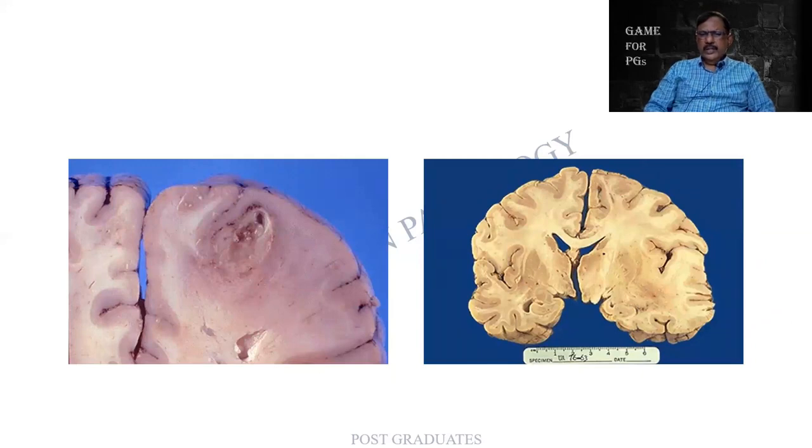Yet another lesion that can be seen in the brain can be an abscess. So, meningitis is one of the septicemic lesions. Another one can be a brain abscess. Brain abscess, it is a classical example of a liquefactive necrosis. And unlike the other tissues, there is very little fibrosis.